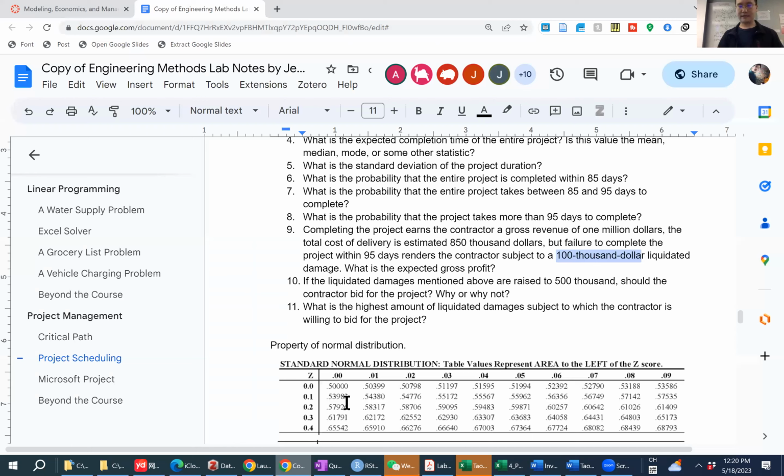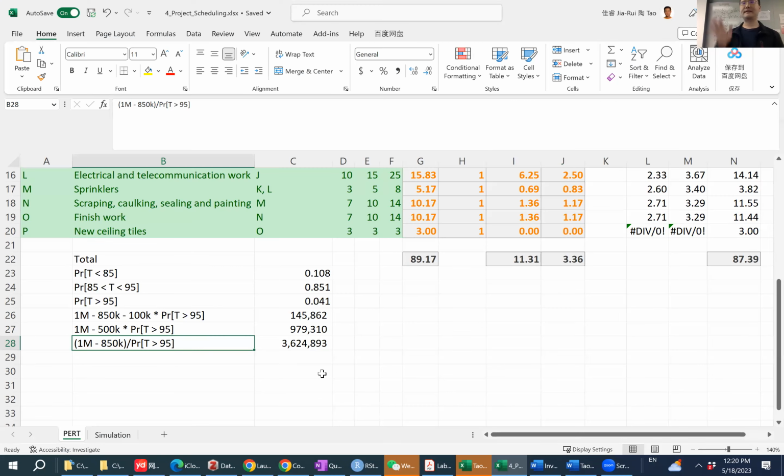This quantity, we're asked about what's the highest amount of liquidated damage that the contractor is willing to bid under. We calculate this quantity at the threshold so that expected profit is exactly 0. Any liquidated damage that's above it will give us a negative expected profit, and any liquidated damage that's smaller than this quantity would give us a positive expected profit.